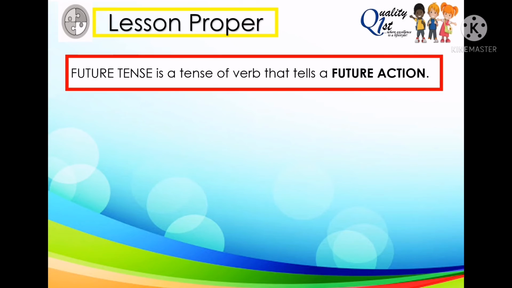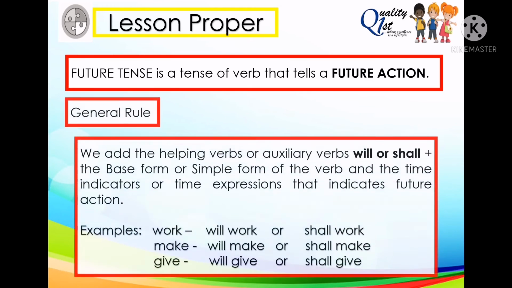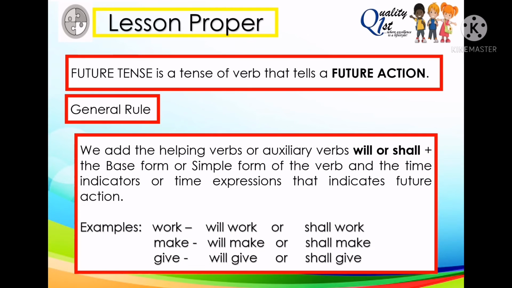At this point, we're going to talk about the future tense. Future tense is a tense of verb that tells a future action. Again, future tense is a tense of verb that tells a future action. Now, we have a general rule for this.